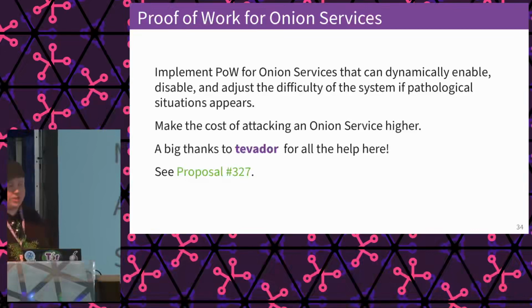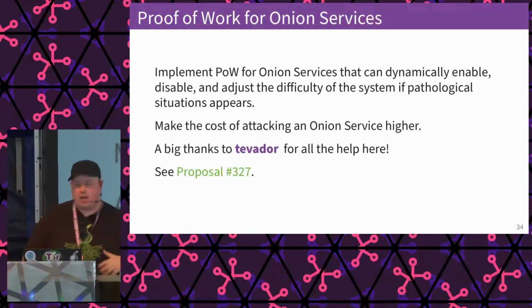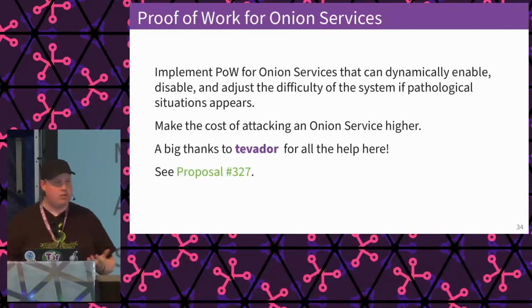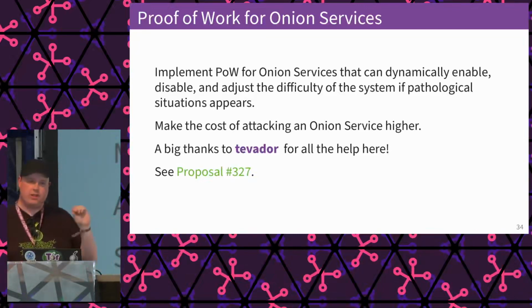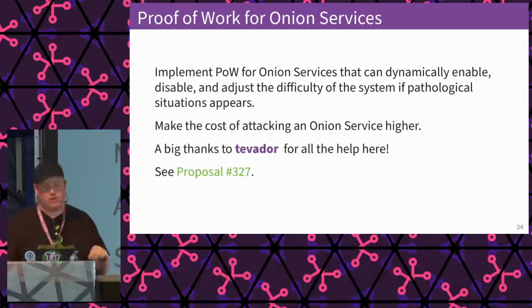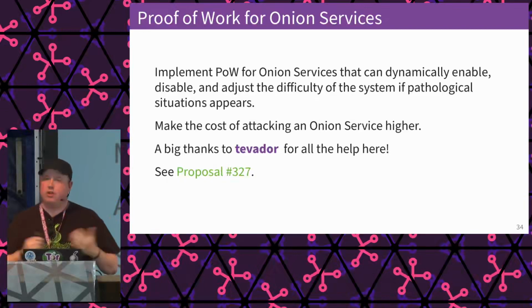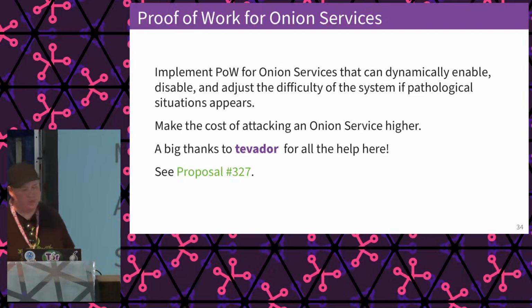So one of the designs that we can implement here, disabled by default, is that if an Onion service starts detecting that it's being the target of something pathological in nature, we can start setting a difficulty at the introduction points into the network, into the Onion services, where the client has to deliver some kind of proof that they've done a computation, so you cannot do the trivial flooding here.